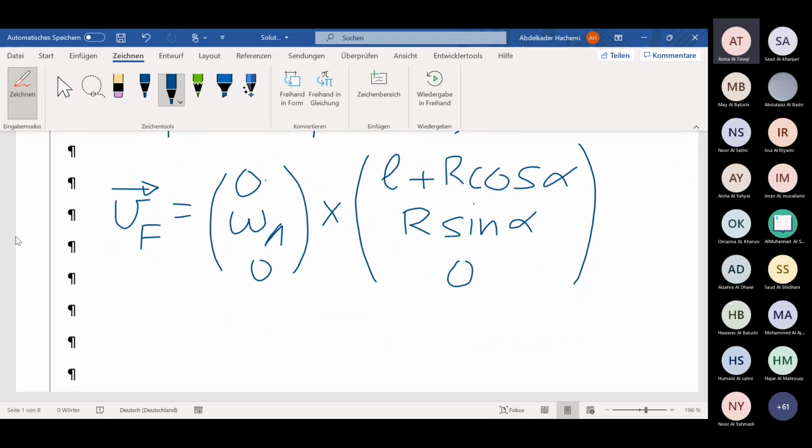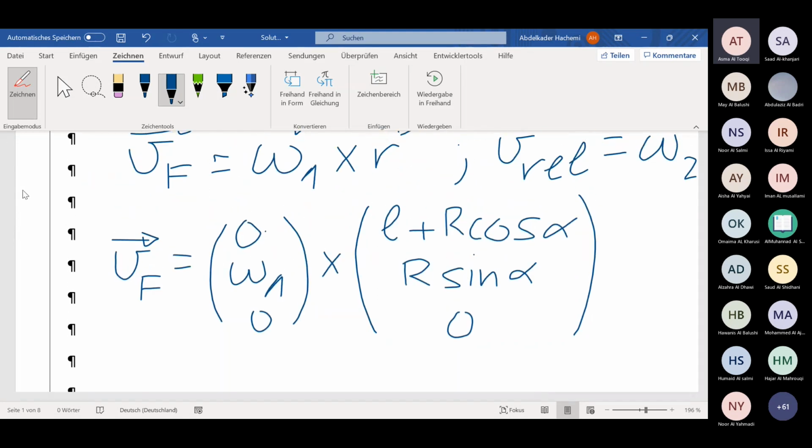Now, if I make this cross product, maybe some of you don't know how to do this. As I said, I'm not doing mathematics.